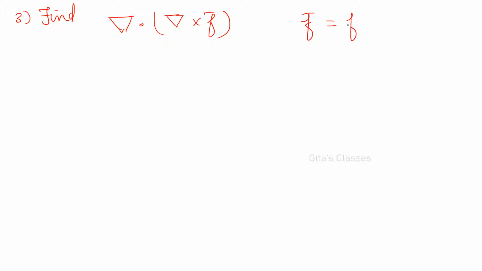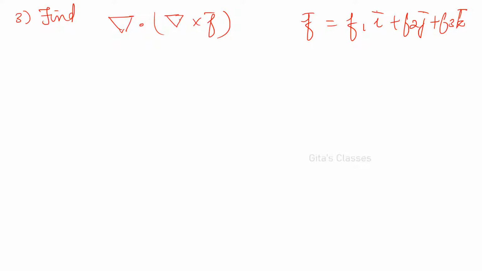Next, find del dot del cross f. Whenever you are given f, if you don't know it, you just write f bar is equal to f1 i plus f2 j plus f3 k.